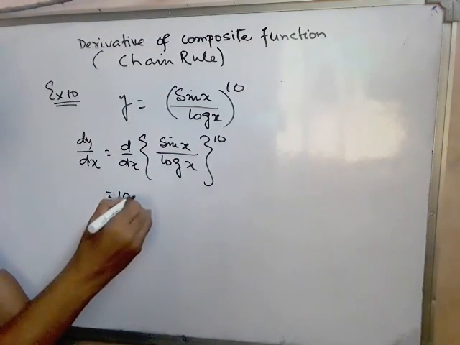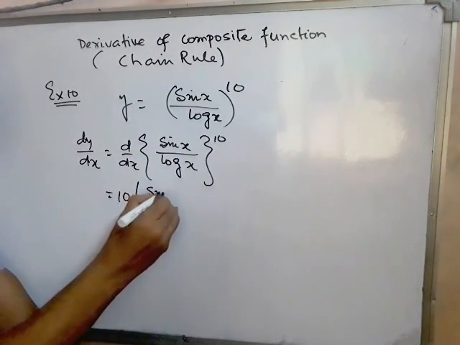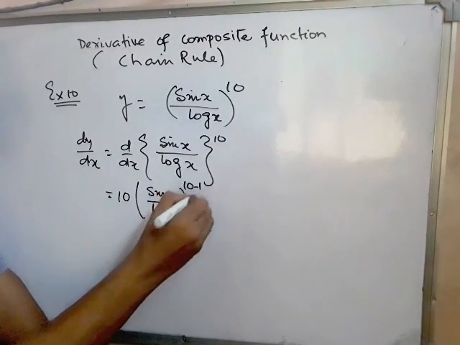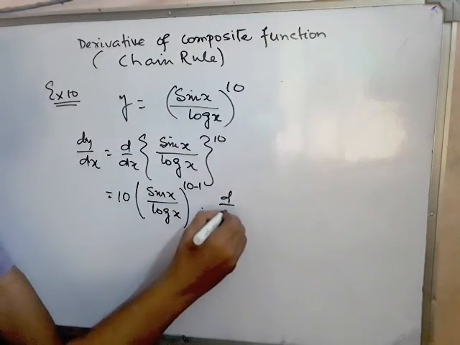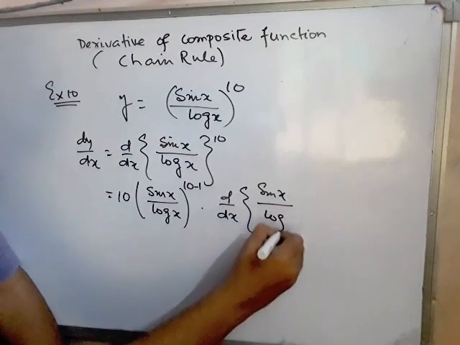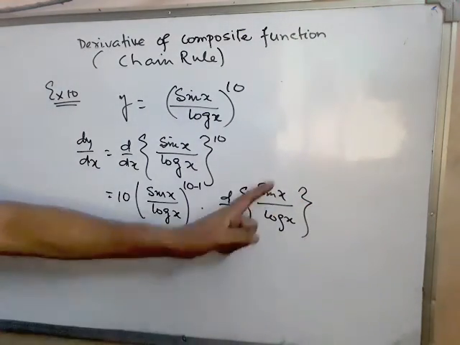Answer will be 10 (sin x by log x) whole to the power 10 minus 1 into derivative of sin x by log x. And here the quotient rule will be applicable.